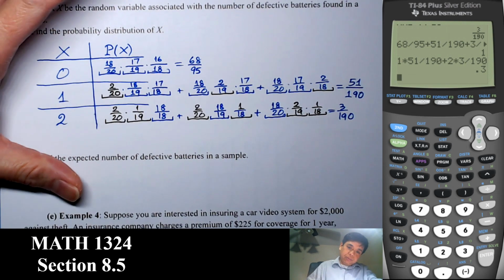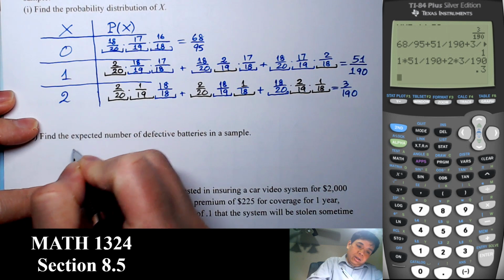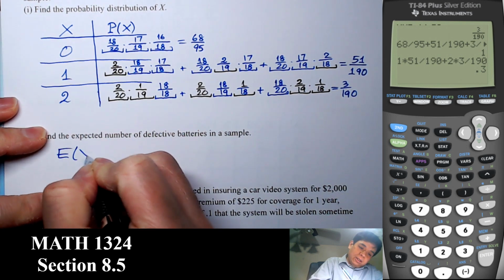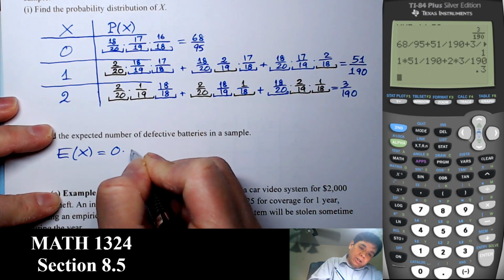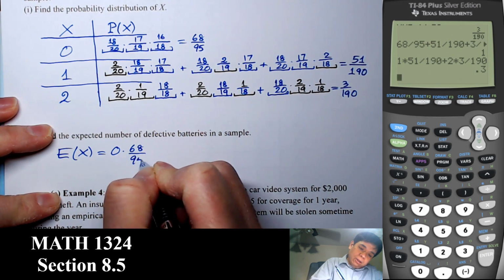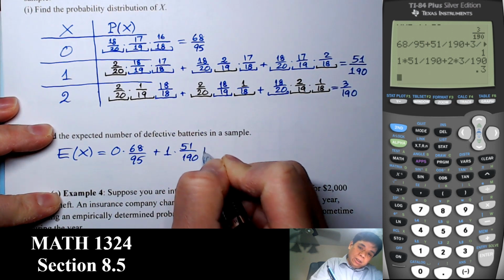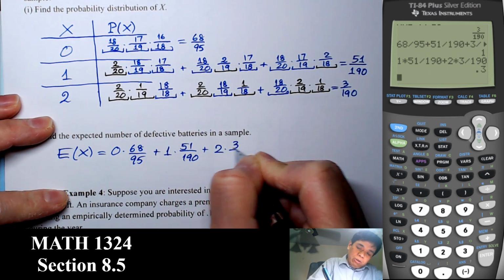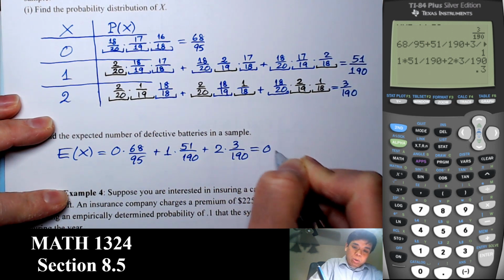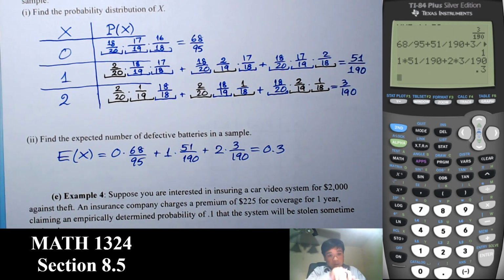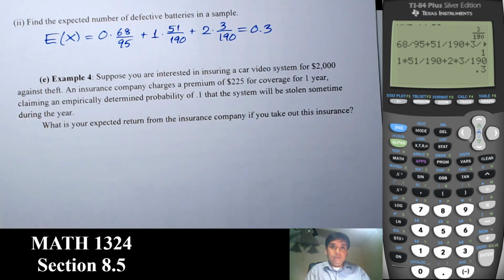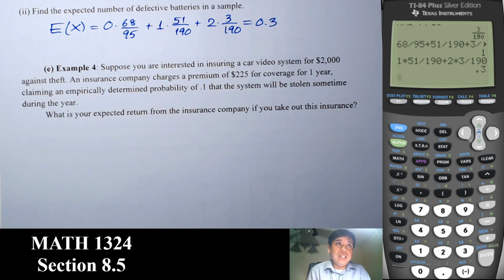So the expected value is 0 times 68 over 95 plus 1 times 51 over 190 plus 2 times 3 over 190, and we have 0.3. So that means in the long run, if we select 3 of them, you expect to have 0.3 of them to be defective.